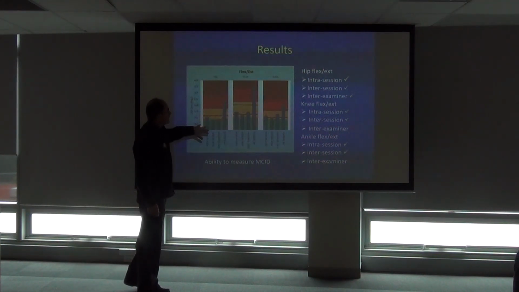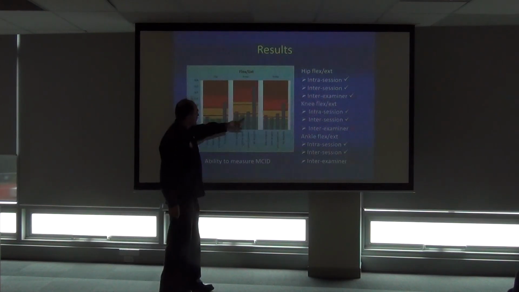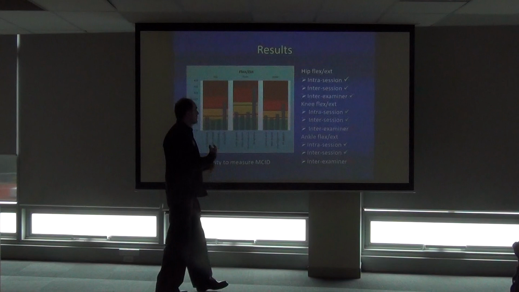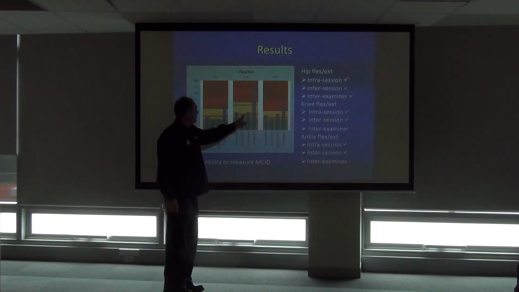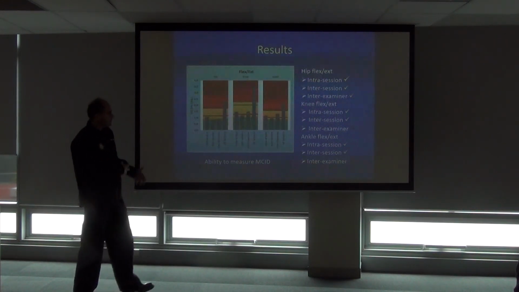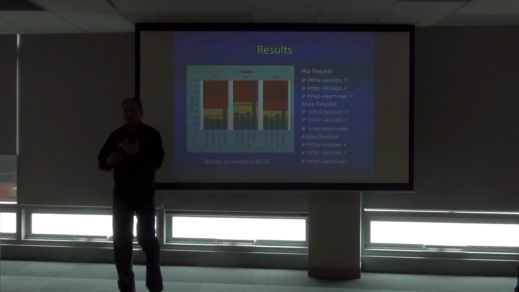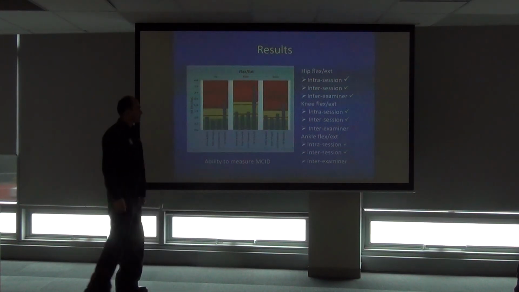The hip flexion extension, all fine. But you see, inter-examiner, it's crept up a little bit. We'd want to be below here, we'd want to be below there, but it's crept up a little bit. So some work needs to be done on examiner reliability. You want to pull it down below this line.